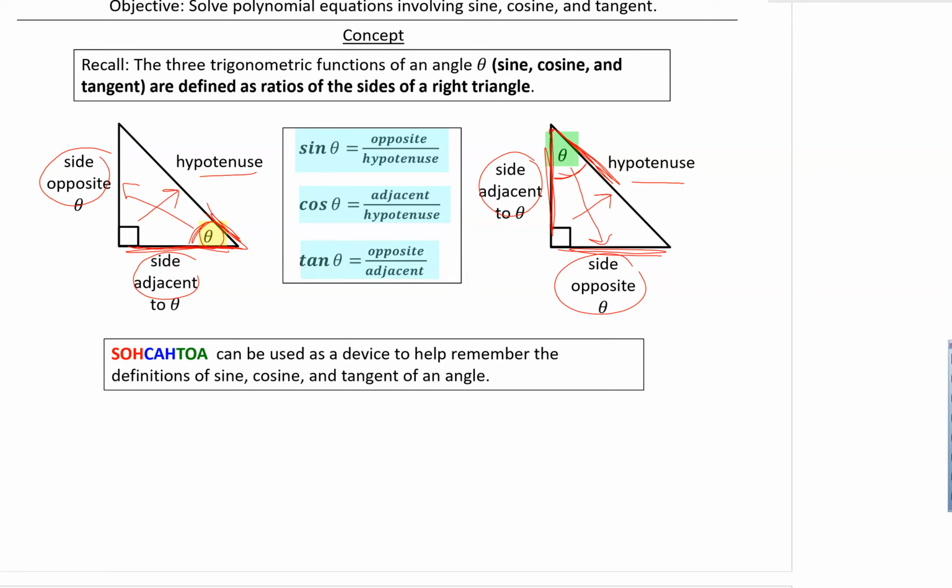You can use the acronym SOHCAHTOA to help you remember. S stands for sine, OH for opposite over hypotenuse, C for cosine, AH for adjacent over hypotenuse, T for tangent, and OA for opposite over adjacent.